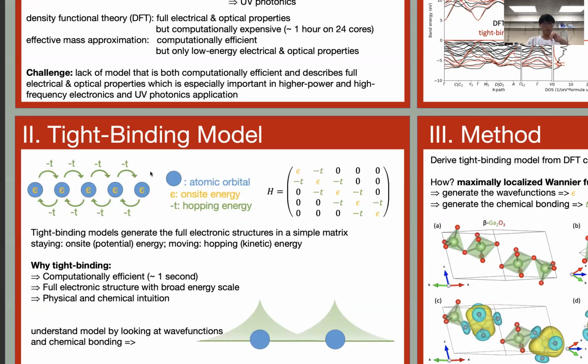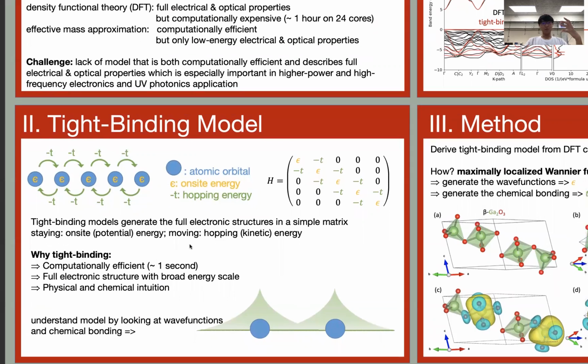Now, electrons can move around between atoms, and the energy cost in moving around will be described by negative t, which we call the hopping energy. That's something describing the kinetic energy of moving electrons. Or another way to think about that is to make a chemical bonding between adjacent atoms, and this bonding energy will be around negative t.